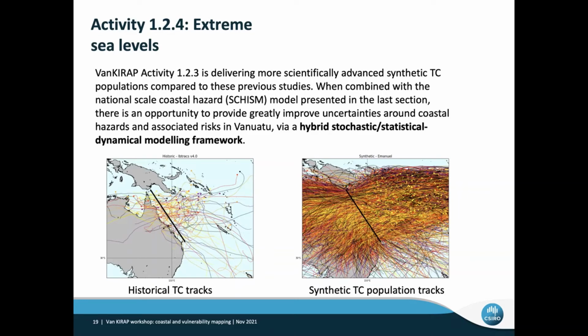And then the right panel shows a similar synthetic tropical cyclone population, just one of several tropical cyclone populations, but that particular population has over 4,000 tracks in it. So that just gives us a lot more data to analyze and therefore to reduce our uncertainty in any given location's tropical cyclone associated coastal hazard impacts.